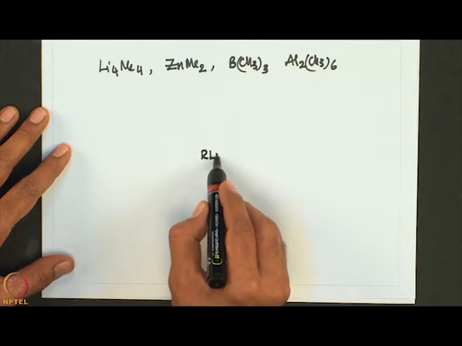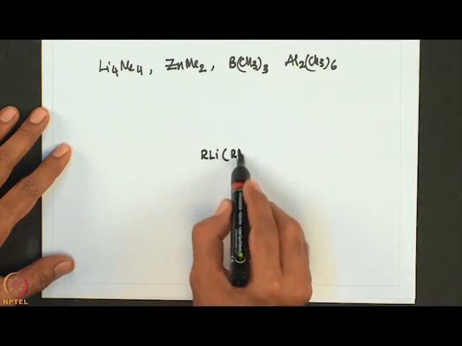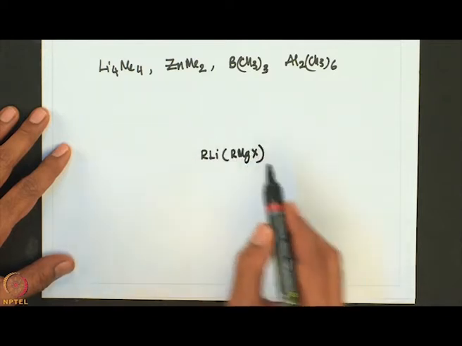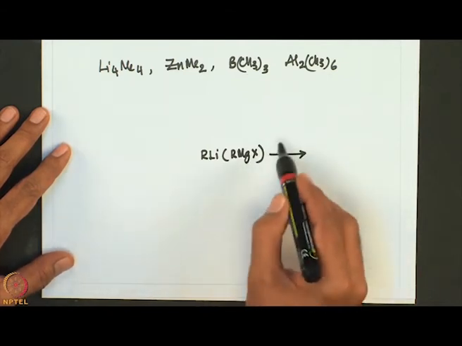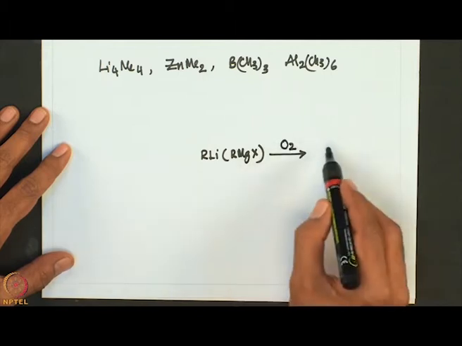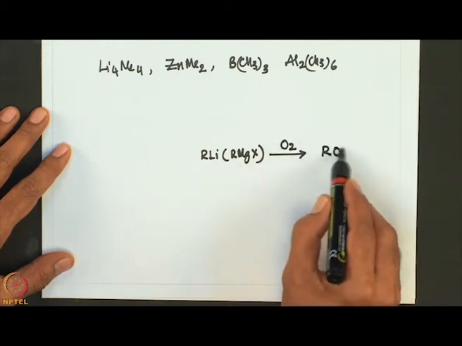Okay, let me write some of those things for you. Let us consider alkyl lithium or Grignard reagents. Their applications are essentially similar. For example, if it is treated with O2, that means oxidation, that leads to the formation of ROH.